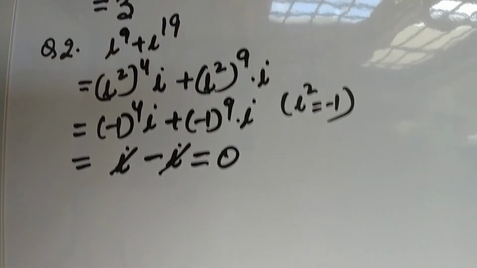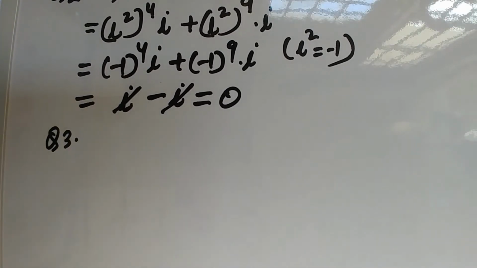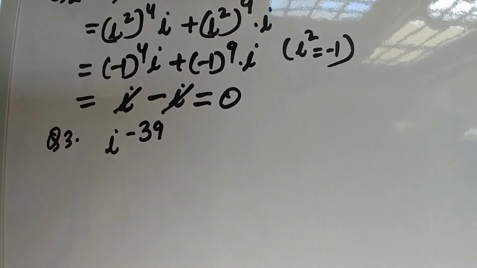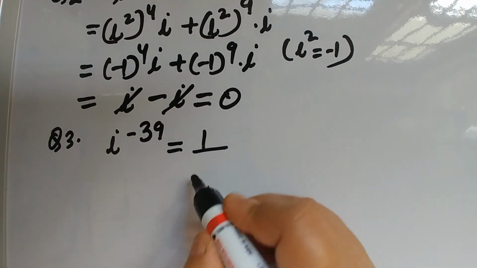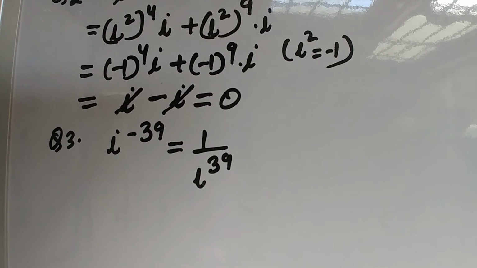Now question number 3 says, you have to solve iota raised to power minus 39. Express it in the form of a plus iota b. Now you know, for a negative power, you need to express it as 1 upon iota raised to power 39.